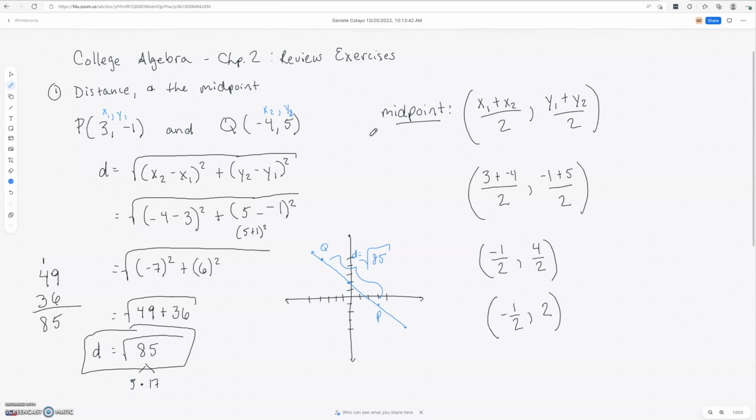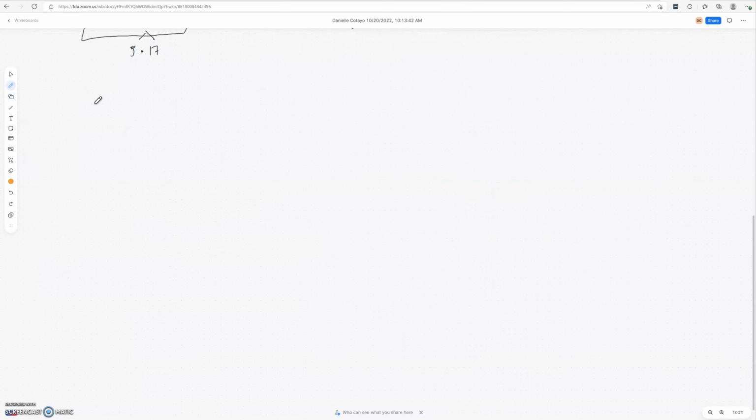We'll do number 2. Okay, so we are going to also do question 2, right? And just a reminder, we're looking for the distance, and our distance is equal to the square root of (x2 minus x1) squared plus (y2 minus y1) squared.